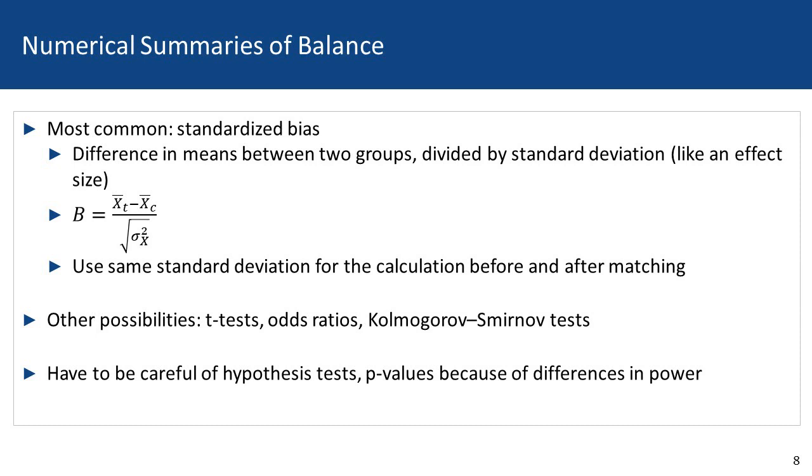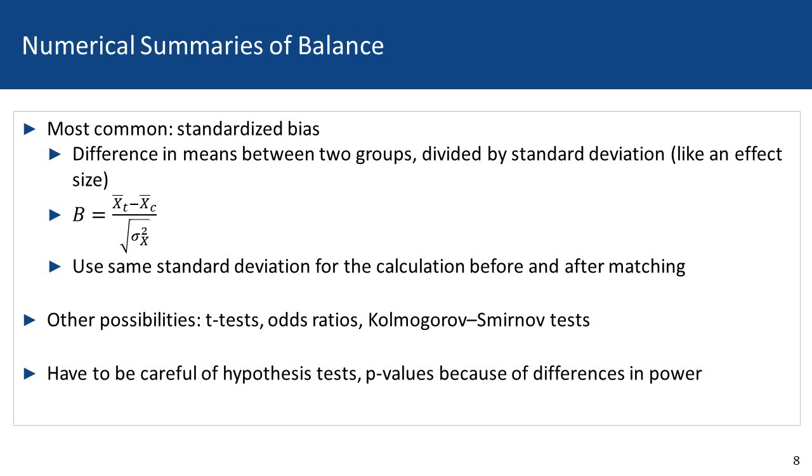The standardization, dividing by that standard deviation, basically just puts all of these onto a common scale, and there are some established standards for how small you want that to be. We'll come back to that in the next slides. Sometimes people will do things like t-tests, or you might be thinking of your own favorite way of comparing two distributions across two groups.